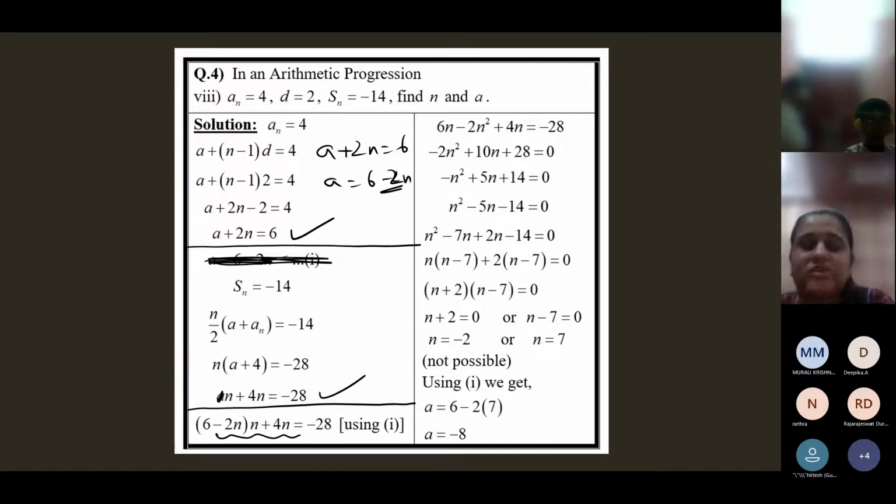That expression you substitute in the second equation. So in the second equation where there is a, use 6 minus 2n. That way you remove a from the second equation and introduce n. The second equation now has only n in it. You can solve this and find the value or values of n.